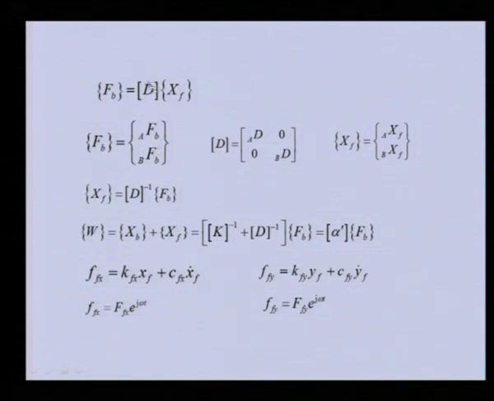So, this D matrix now contains not only bearing end A but also bearing end B, and similarly these are the displacements in the x and y directions at bearing end A and bearing end B. The size of these matrices is 4 into 1 and 4 into 4. Similarly, this is 4 into 1, and we can write xf by inverting this D matrix to the other side and multiplying by the bearing force to get this relation.